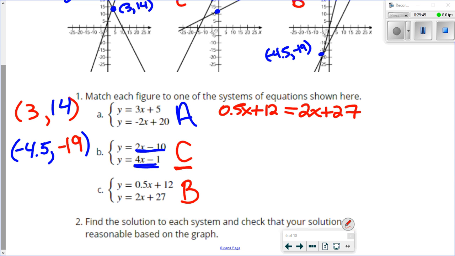I think I'm going to go ahead and move the 0.5x over to the right side, so I'm going to do the inverse of a positive 0.5x, which is subtracting 0.5x from both sides.